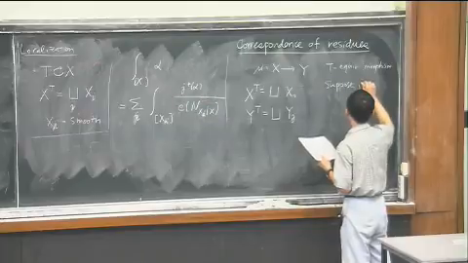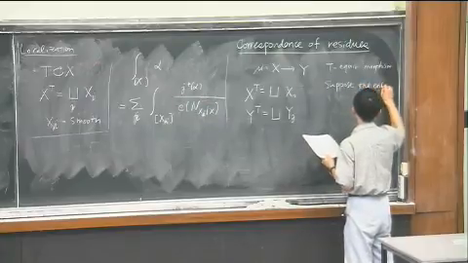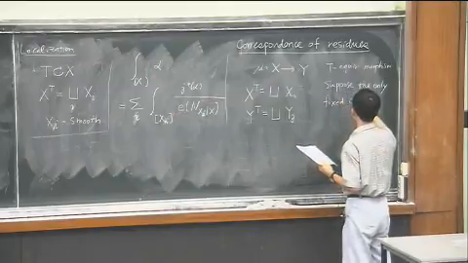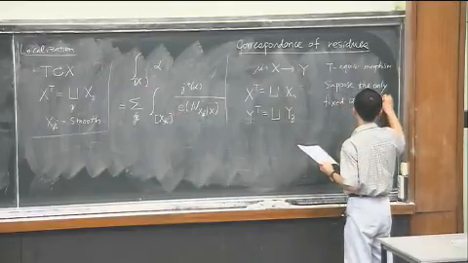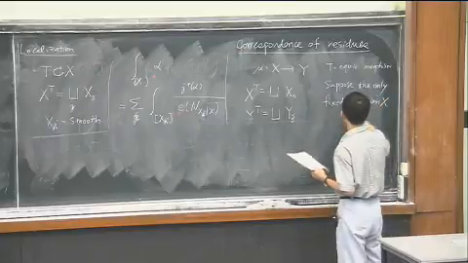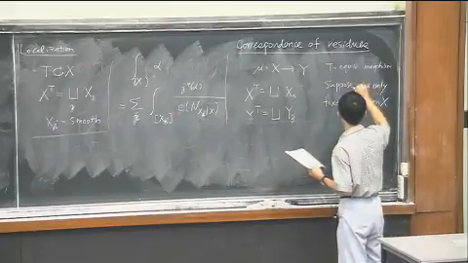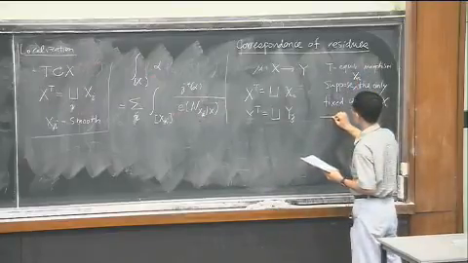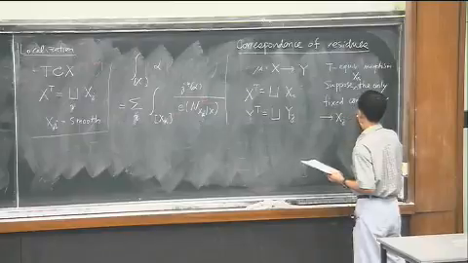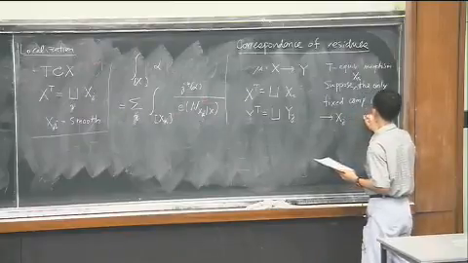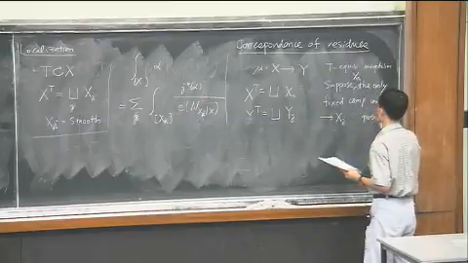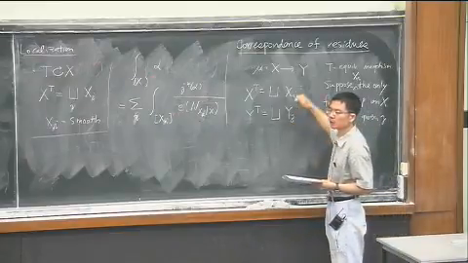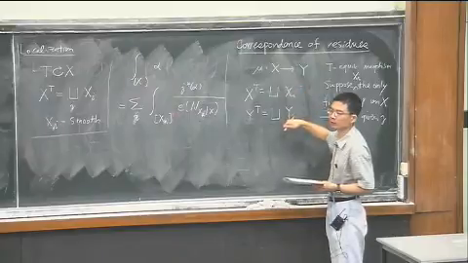Suppose X_i is the only fixed component mapping to Y_j for a given j. So suppose I take one connected component here, and suppose there's only one mapped to that component.